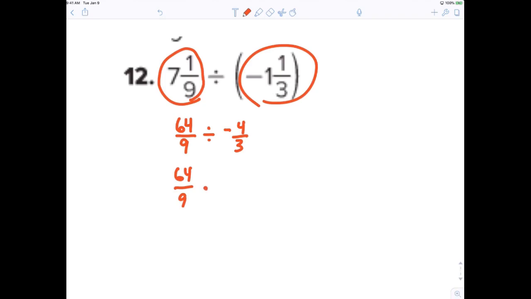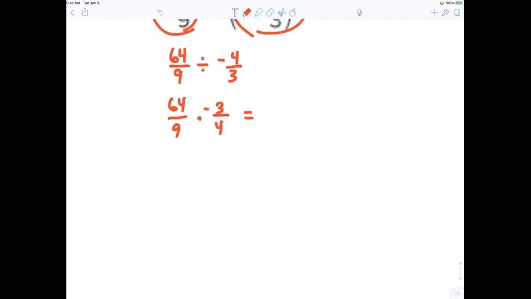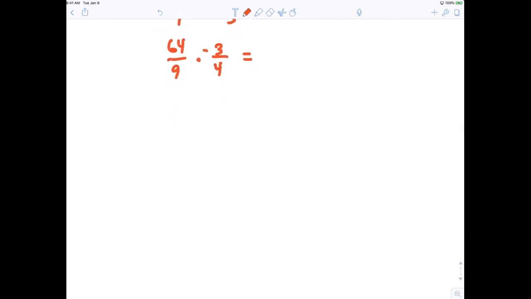Times what? Yes. Now is your final answer going to be positive or negative? That is correct. It's going to be negative. Now what can I reduce? And that becomes a 4 goes into 64. Let's do the mental math. You ready? 4 goes into 4 what? 1.